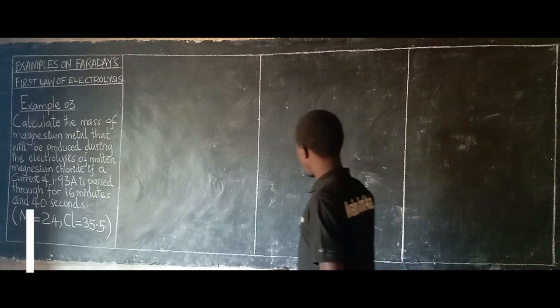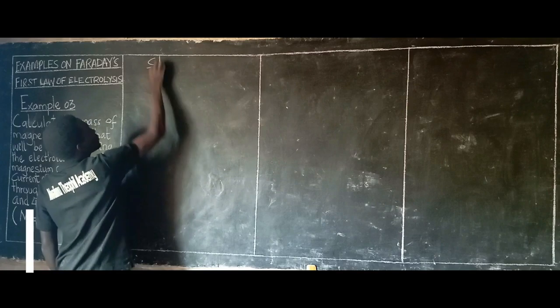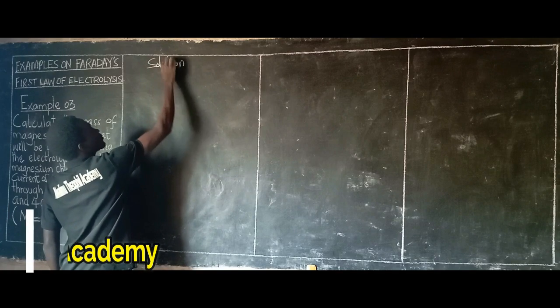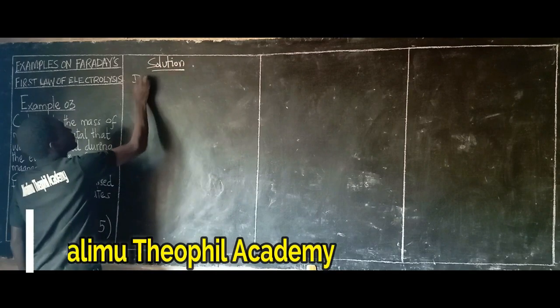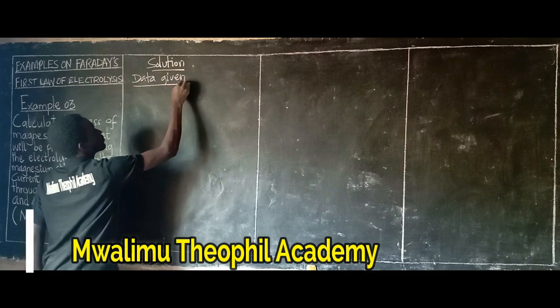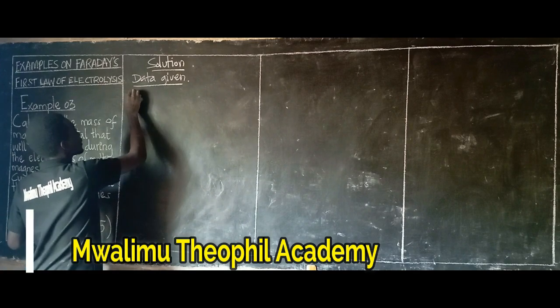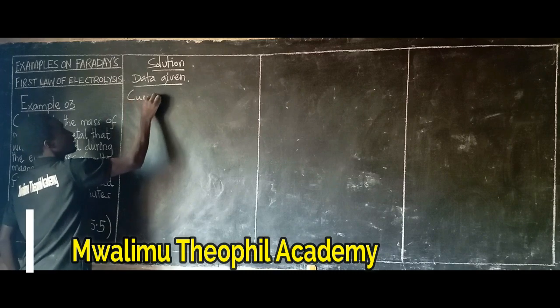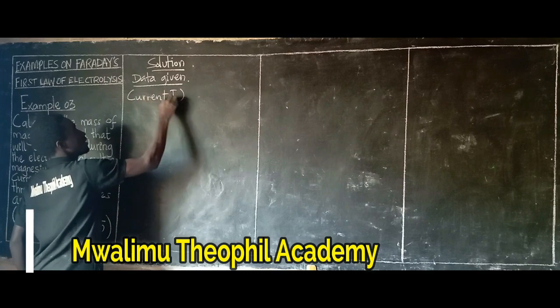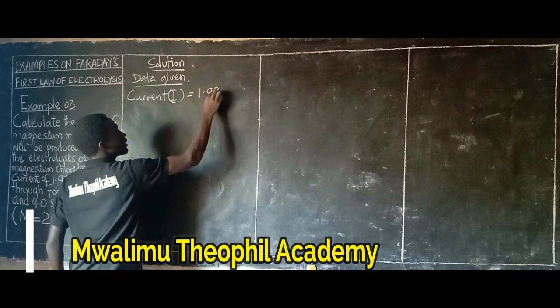Here, let us first analyze the data which we have. Solution. Data given. We are given the electrical current I, which is 1.93 ampere.